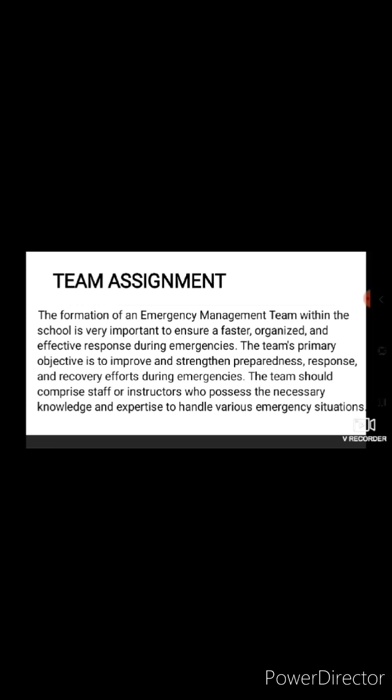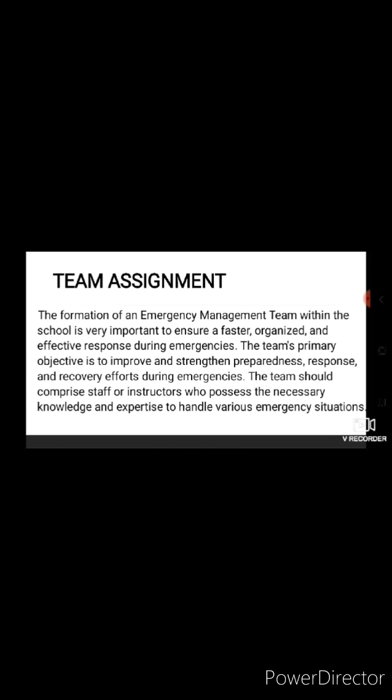The team's primary objective is to improve and strengthen preparedness, response, and recovery efforts during emergencies. The team should comprise staff or instructors who possess the necessary knowledge and expertise to handle various emergency situations.